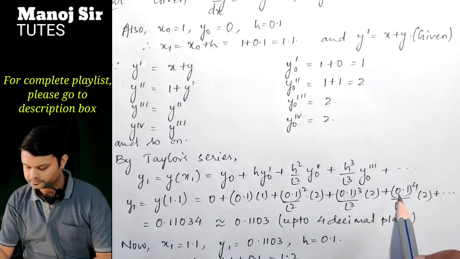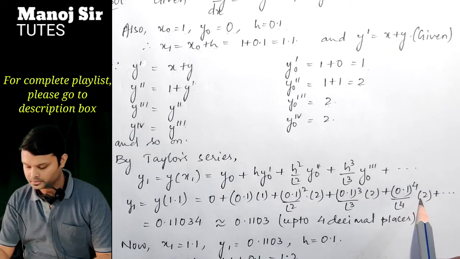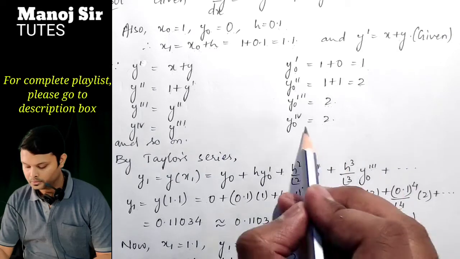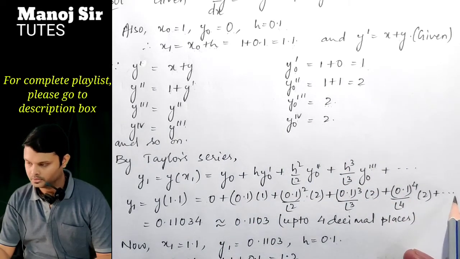Okay, plus h to the power 4 upon factorial 4 into y naught quadruple dash, that is 0.1 power 4 upon factorial 4 into 2. Okay, plus dot dot dot.